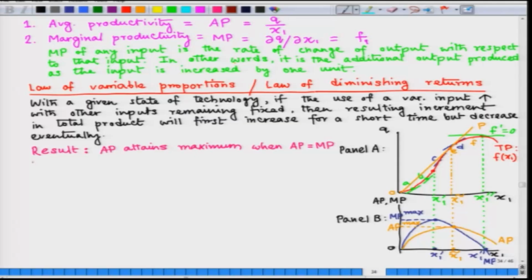Let us discuss these stages one by one. Stage 1 is about increasing average returns.